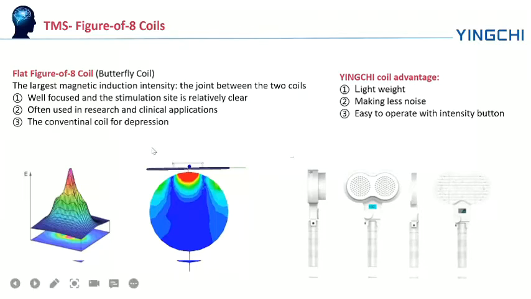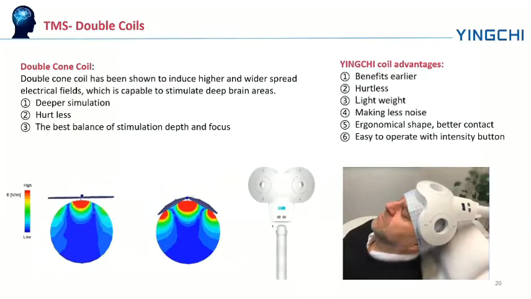It is also a conventional choice for treating depression. As for the double cone coil, it can stimulate deeper than the figure-of-8 coil, and it can achieve the best balance of stimulation depth and focus.